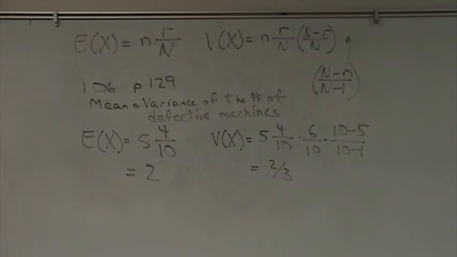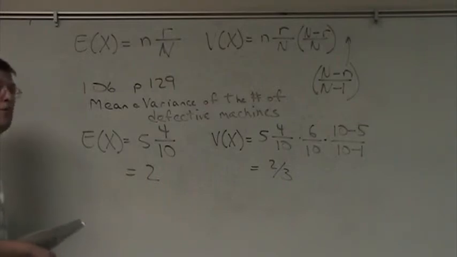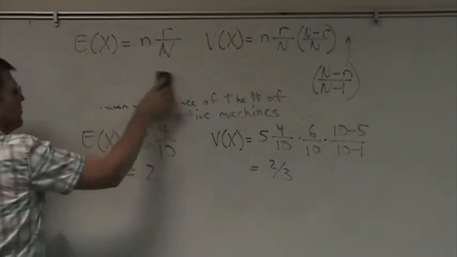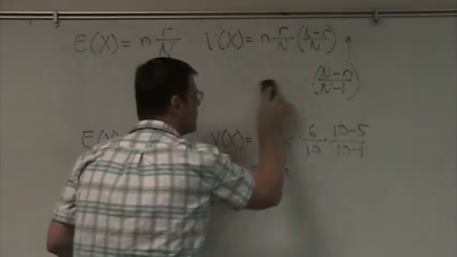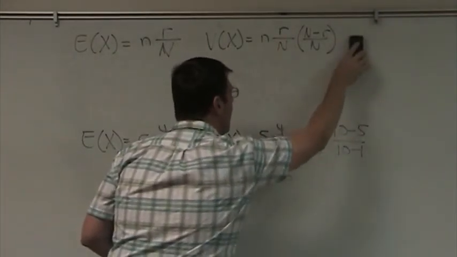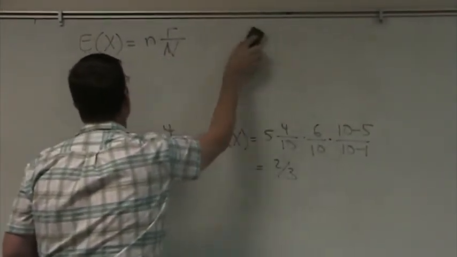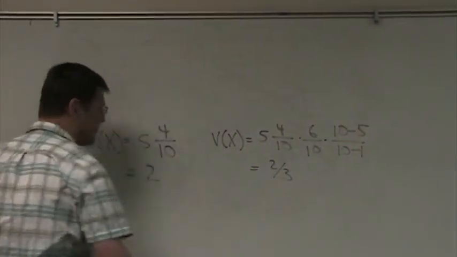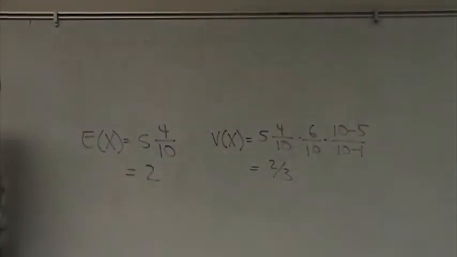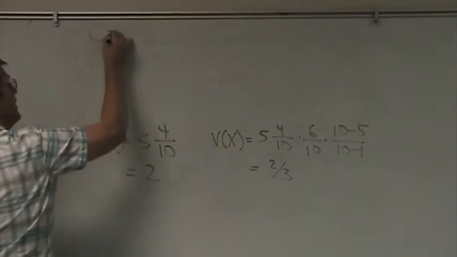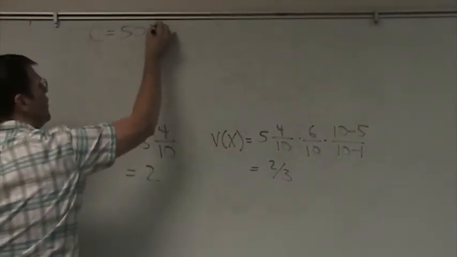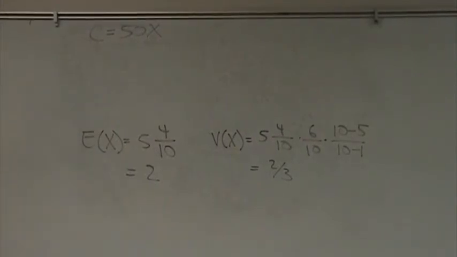So now going back to the problem, at 106, we said we've got a cost function here. So I'll leave this up so that you can see what we're doing here. Our cost function, C, is equal to 50 times x.